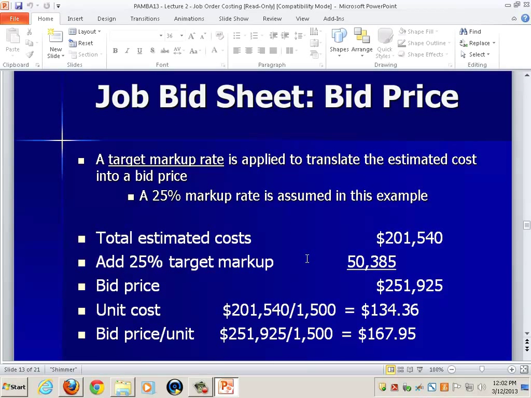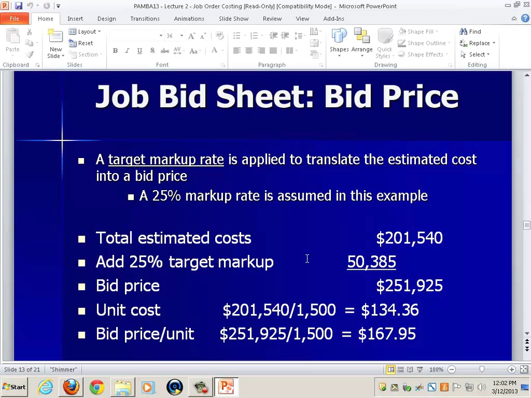And then if you decide that you want to add a 25% target markup over cost in your pricing, you add 25% of the estimated cost and you get a bid price for the job of $251,925. So that's one way that you can bid based on your total estimated costs plus a target or a desired markup of 25%.